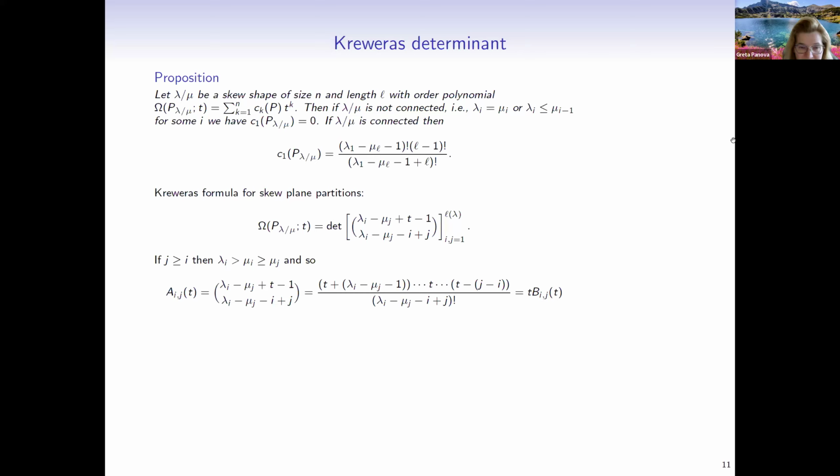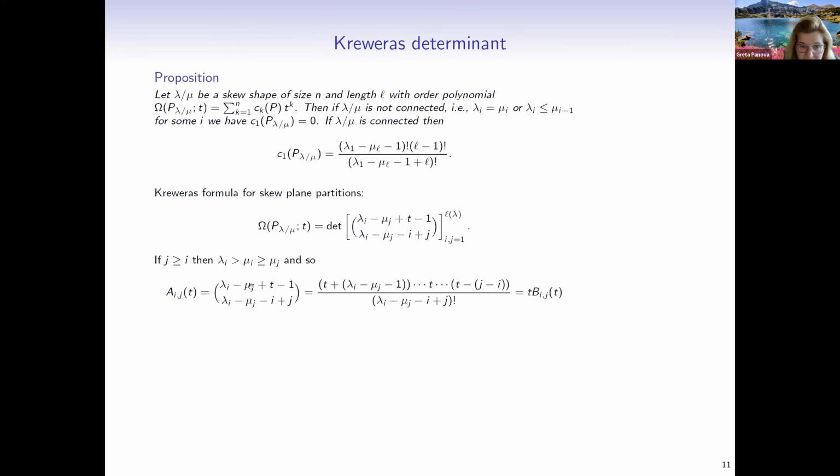minus 1, t is our variable here, choose lambda_i minus mu_j minus i plus j. So if j is greater than or equal to i, first of all, because of the connectedness, we have lambda_i strictly bigger than mu_i. And of course, mu is a partition, so mu_i is greater than or equal to mu_j.